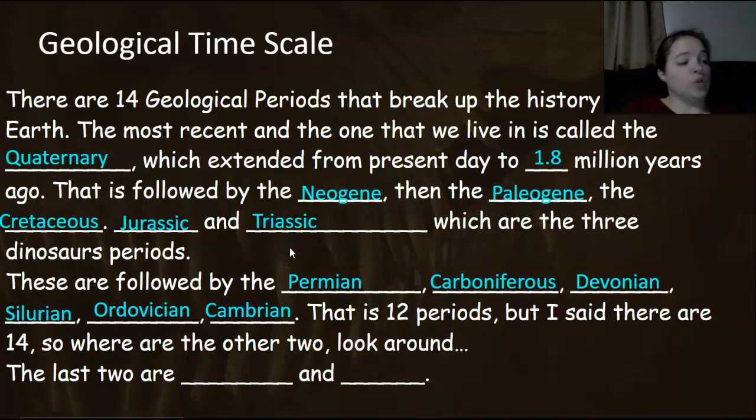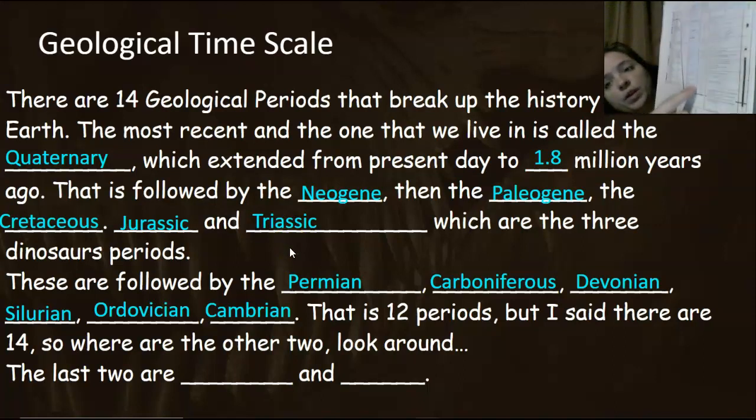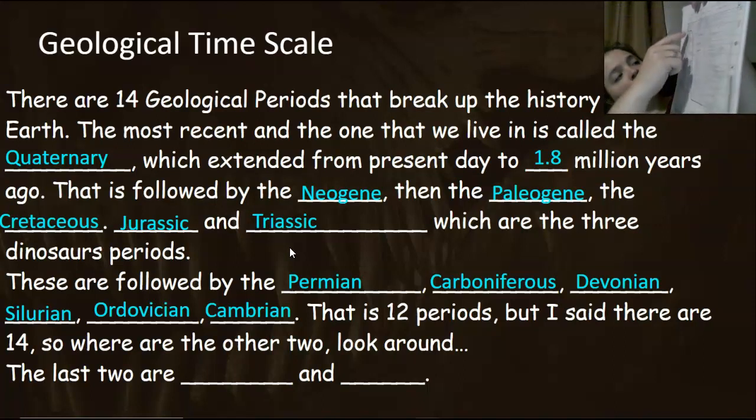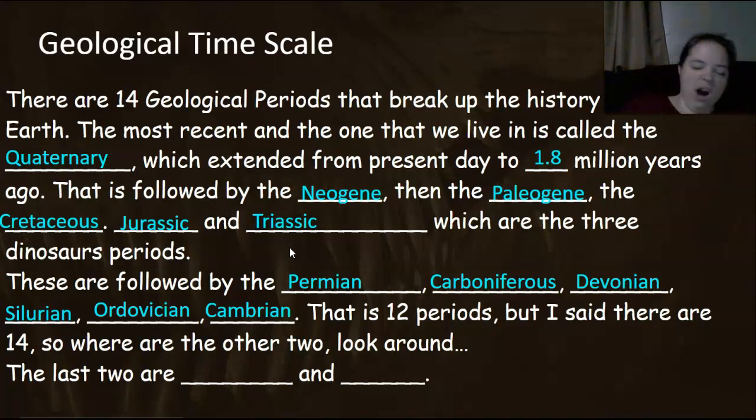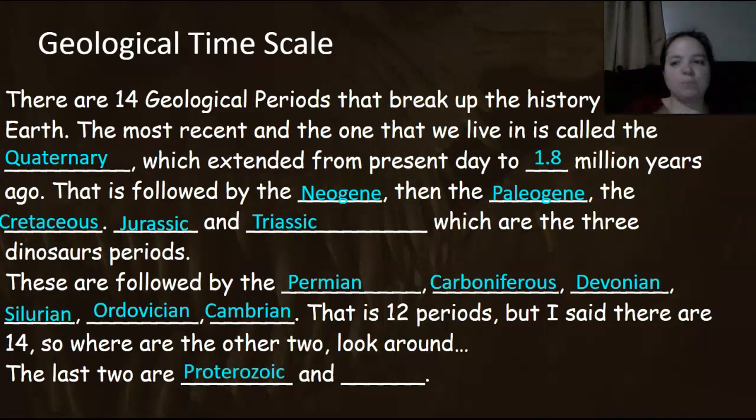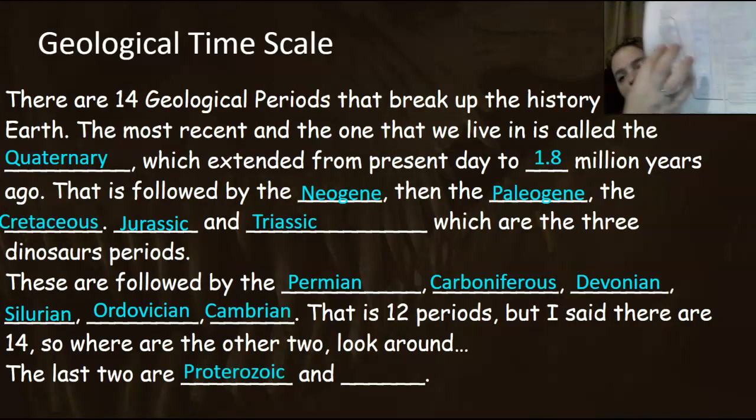There are two more. If you were to look all the way over here, where you colored gray, you would notice that you have two more: the Proterozoic right there and the Archean.